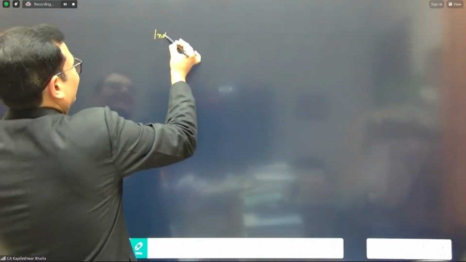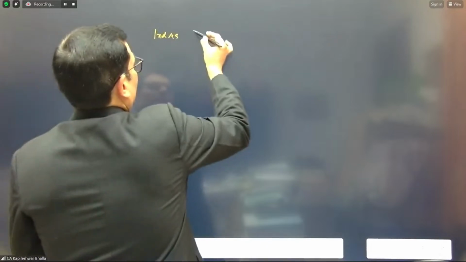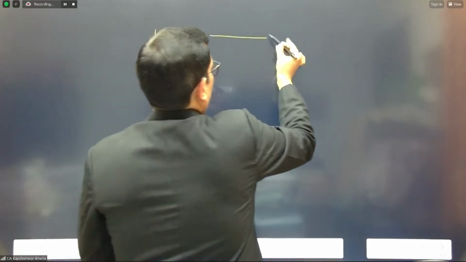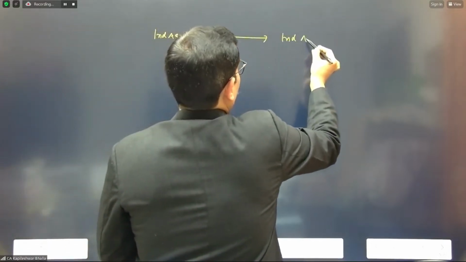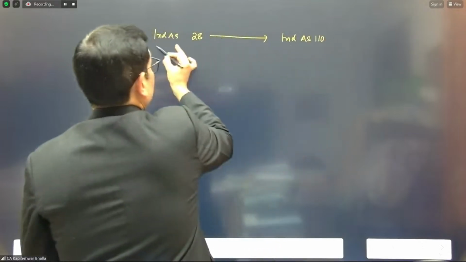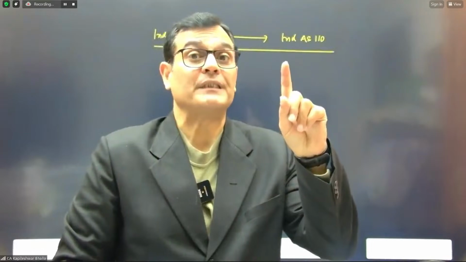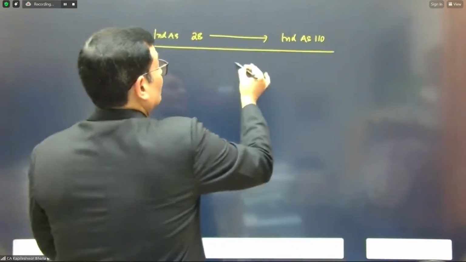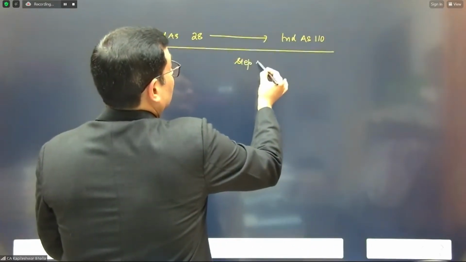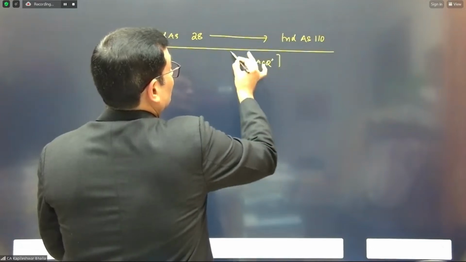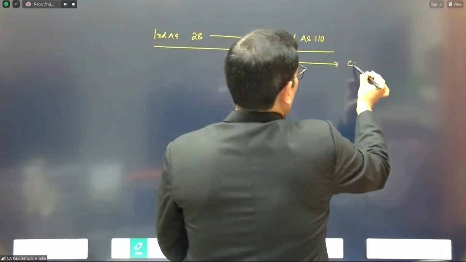So what is important is that if I make a small note, we can say one thing, that when you are typically moving from Ind AS 28 to Ind AS 110, mind you, this I've already covered in 103 when it was a case of a step acquisition. So this was covered in 103.